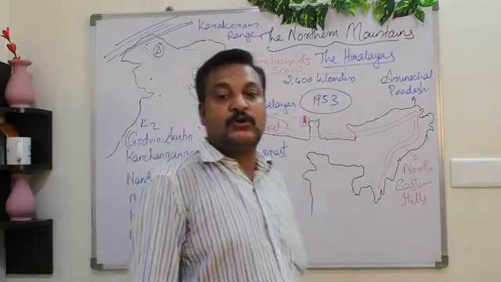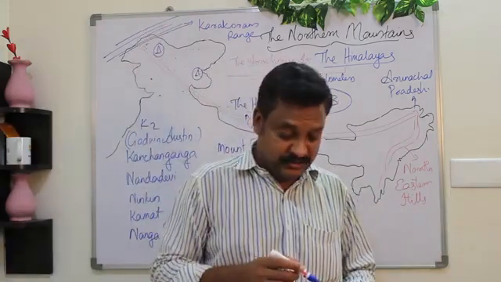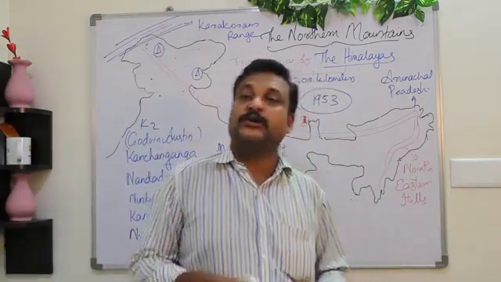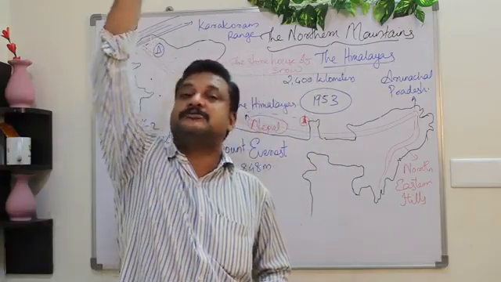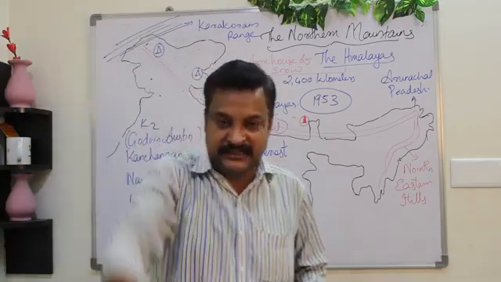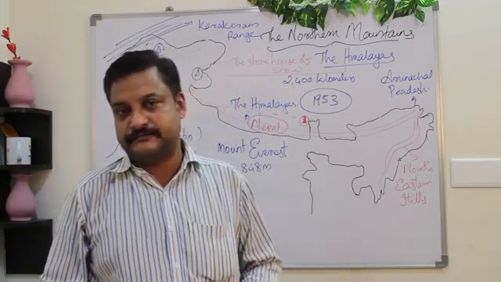A lot of people had tried even before that to reach the top of Mount Everest, but usually they couldn't. The first man to reach the highest peak of Mount Everest is Edmund Hillary. He is from New Zealand.